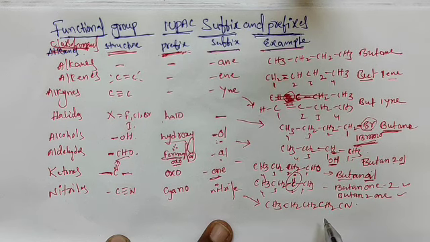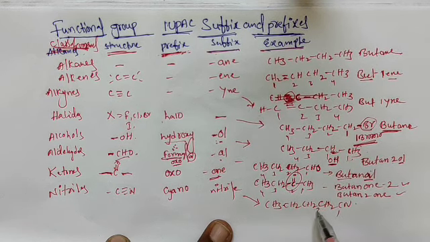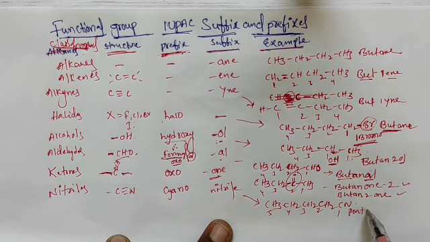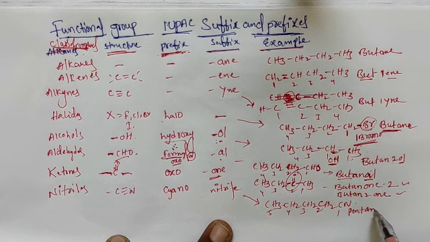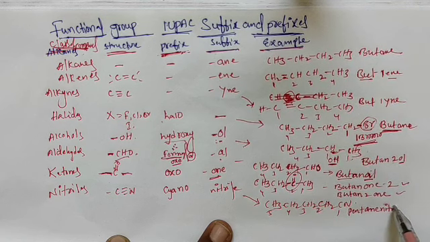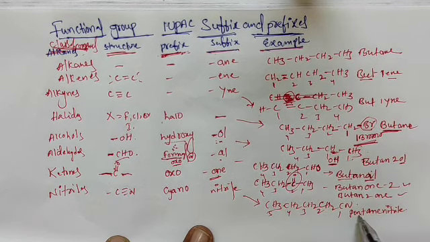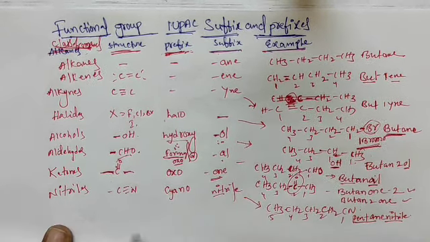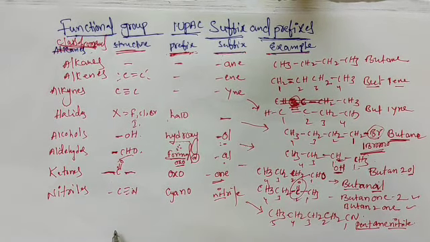How many carbons? 1 2 3 4 5 carbons. 5 means pentane, right? So pentane nitrile. The suffix we take after the root word. Okay, this is about nitrile.